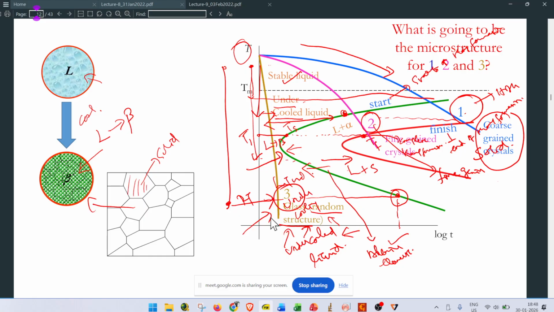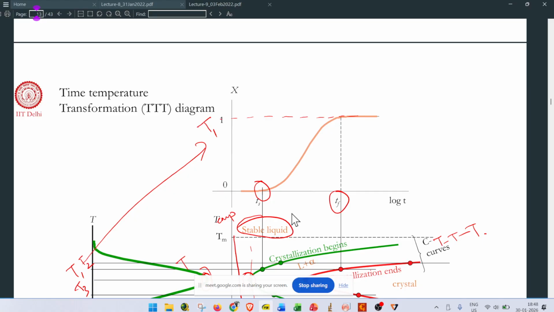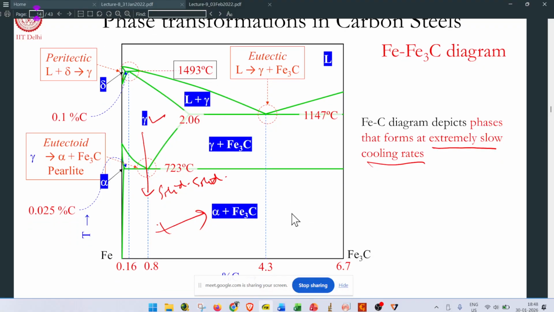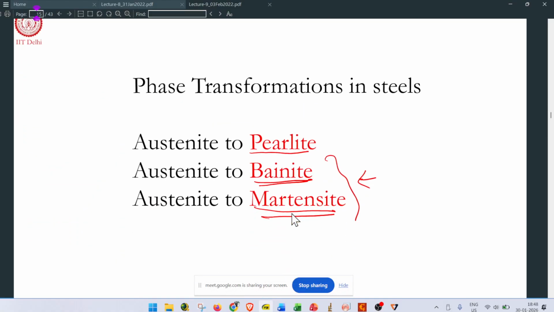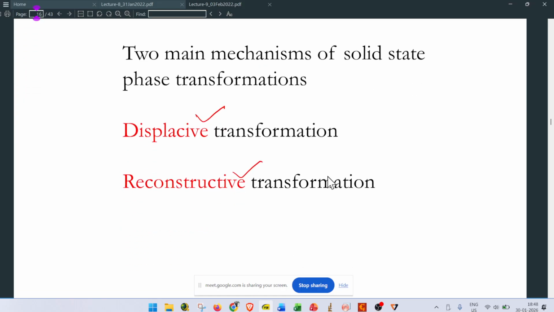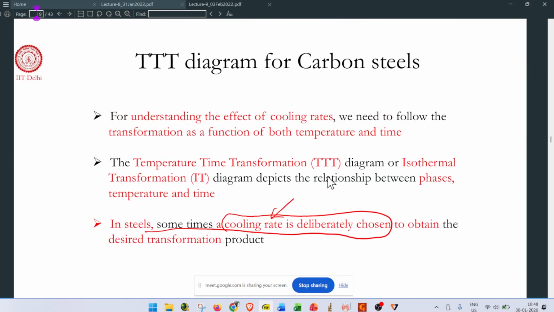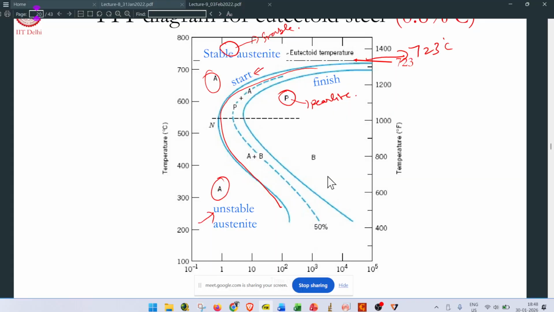Yes, sir. Okay, so now comes the bainitic phase. Where the bainitic phase is coming from, that we will see. For the bainitic phase, we will cool down, and after that we will hold for some time.